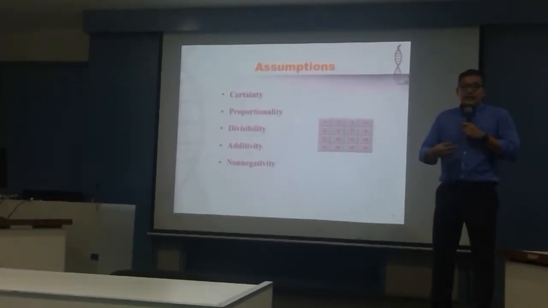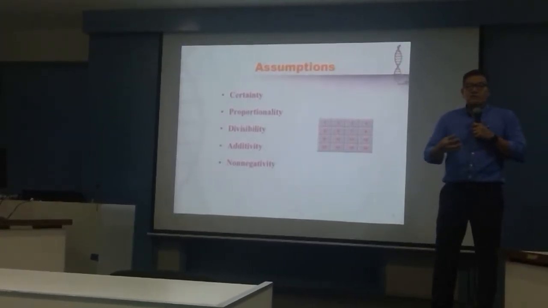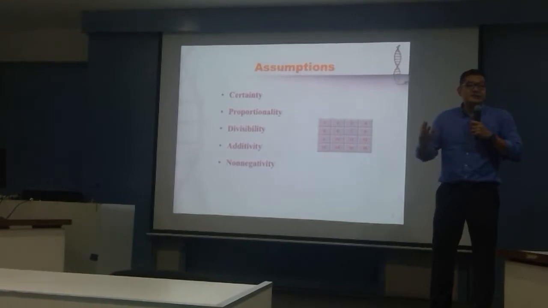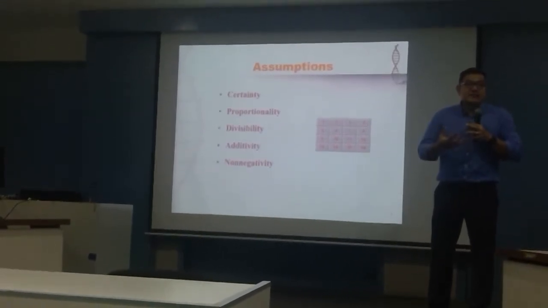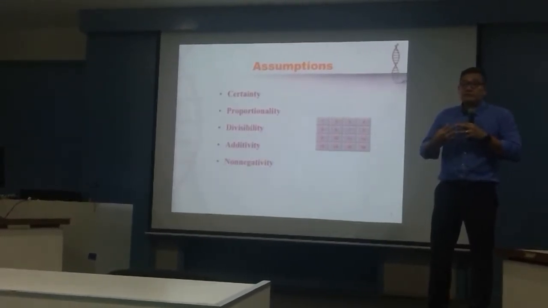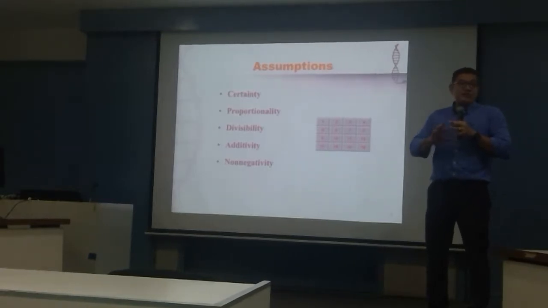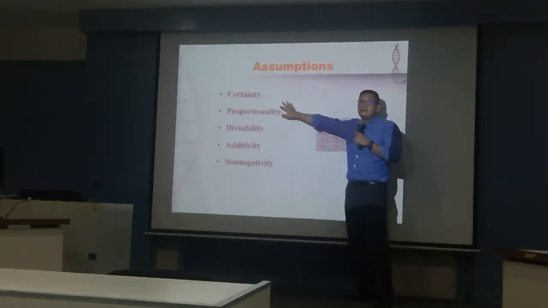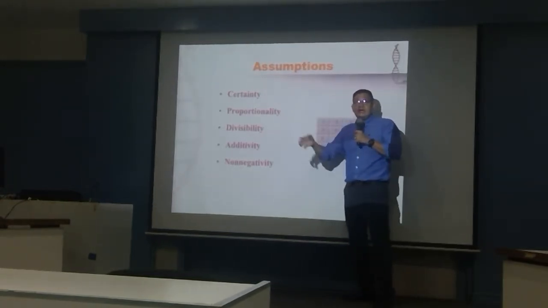So I know that now I have raw material of around 100 tons. I have labor hours of 200 hours. So this is a fact. This is a thing that I know, and it doesn't change during my analysis. So linear programming is just like this certainty. You know all information with certainty. This doesn't change during your analysis.